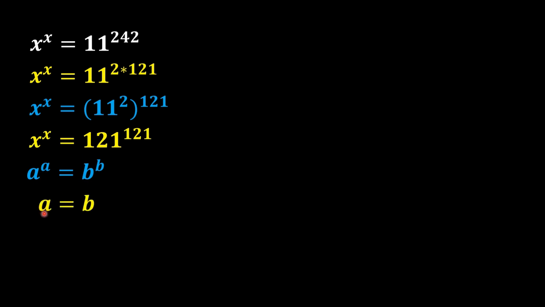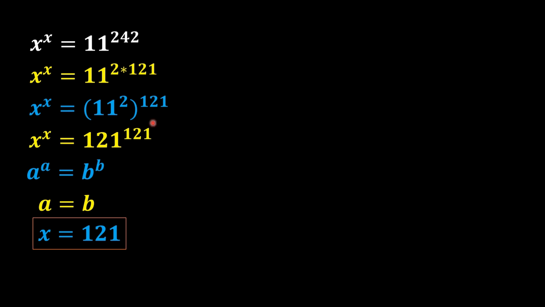So here, a equal to b, we can say that if we take the powers equal or the bases equal, it's up to us; both can be equal. So here we can apply the same rule in order to get the value of x. As a result, we get x equals 121, and this is the answer for x for this nonlinear equation.